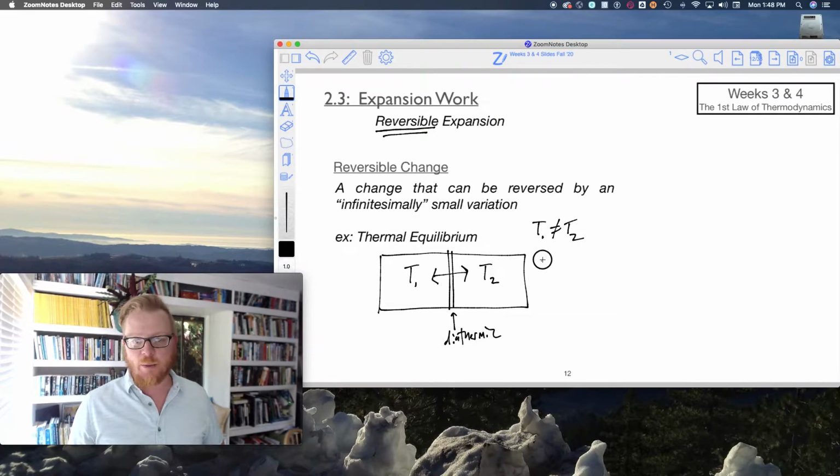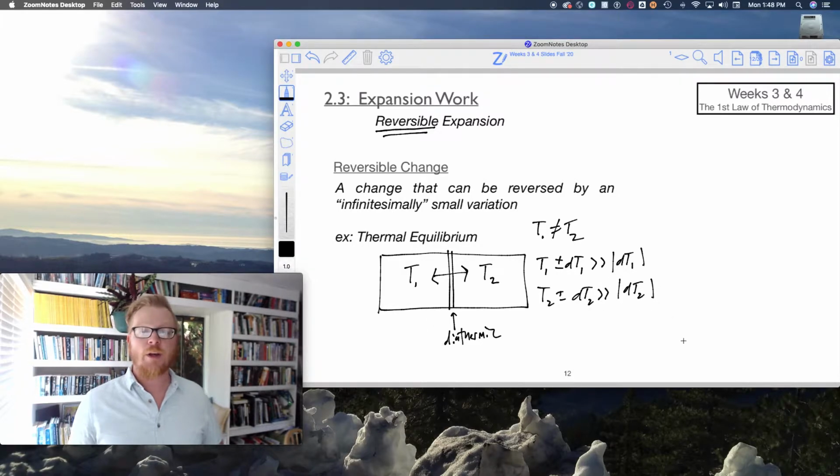Using this kind of language of calculus, and I don't want you to be too concerned or confused by this, let me finish writing this relationship: T2 plus or minus dT2 is much greater than that absolute value.